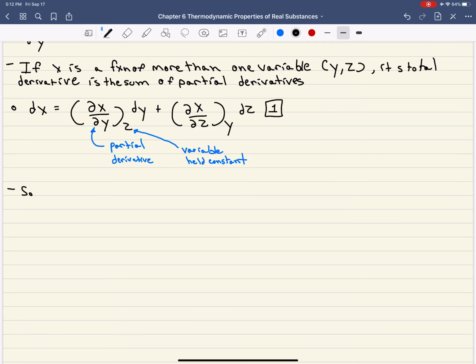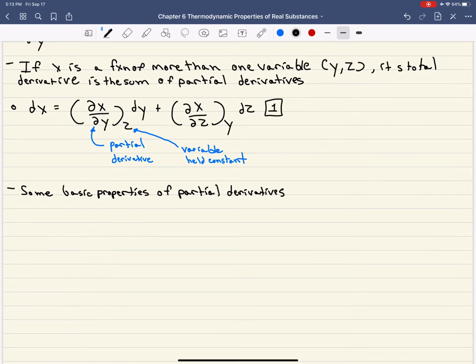Okay. So some basic properties of partial derivatives.